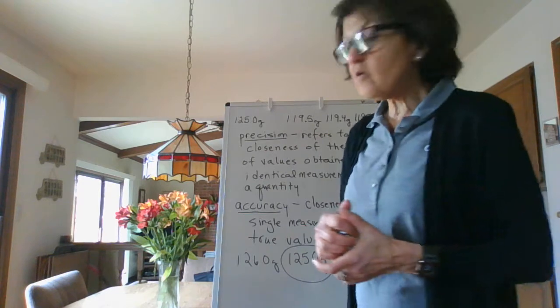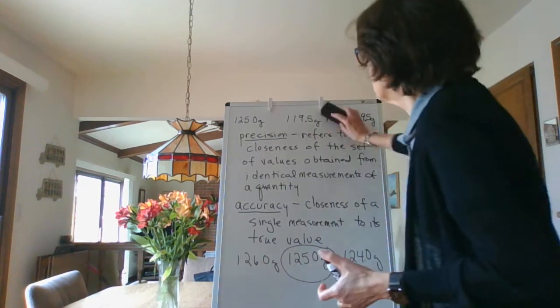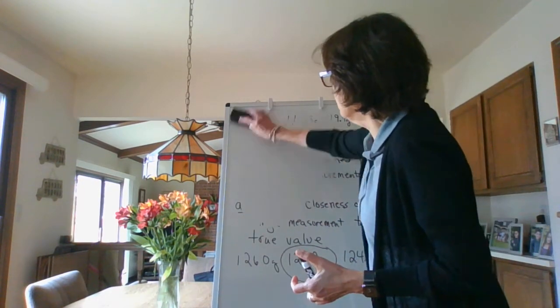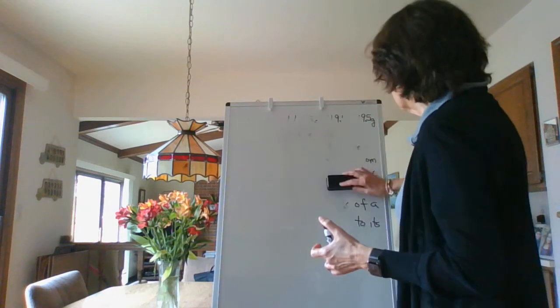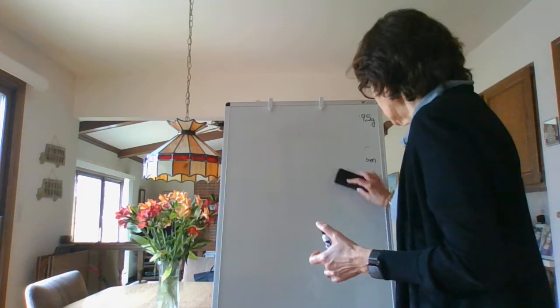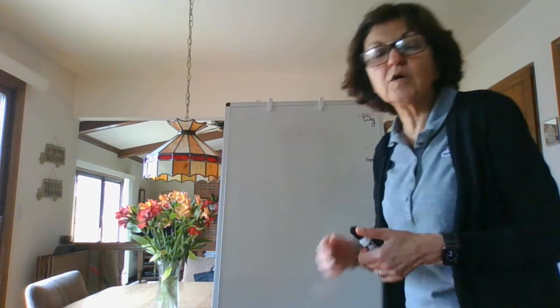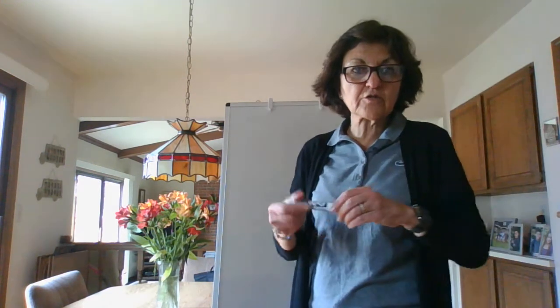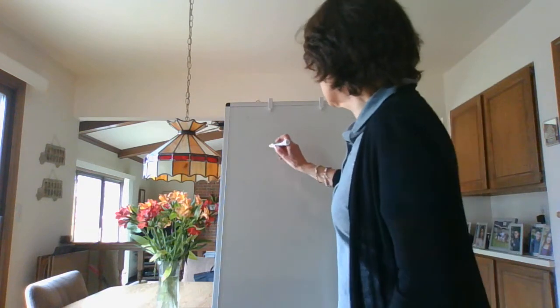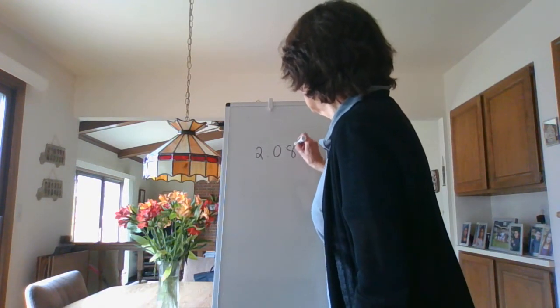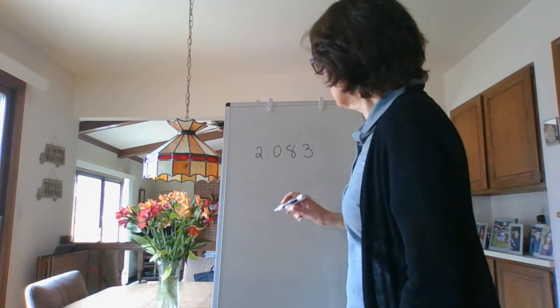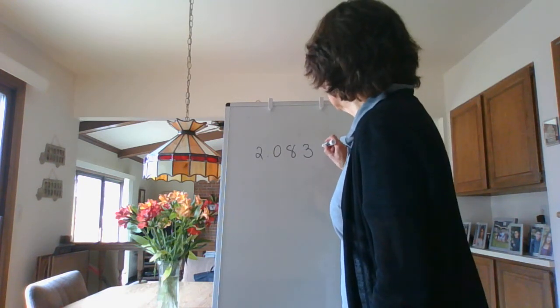All right, so I'm going to put some numbers on the board here just to cement the information that we covered before. And we'll get into calculations with measured numbers. So let's say I have this number here, 2.083, let's say liters.